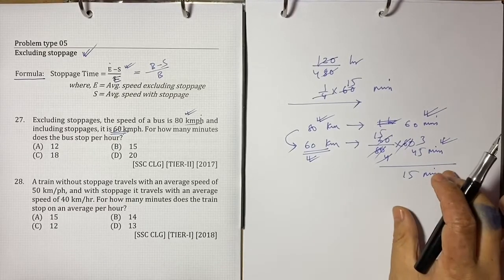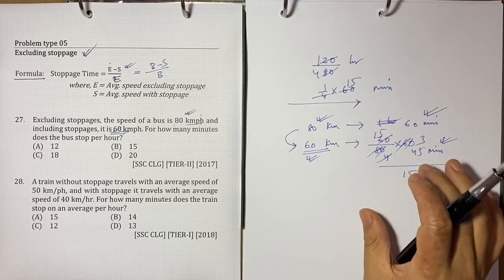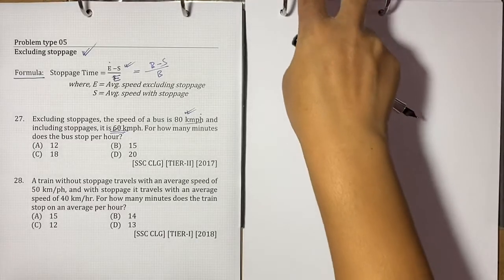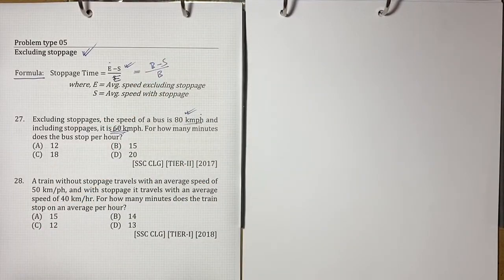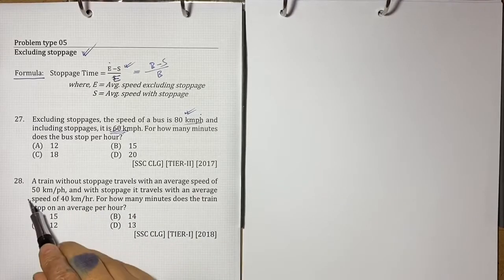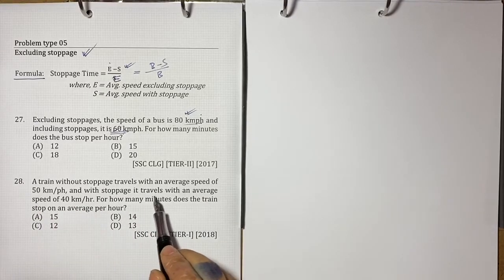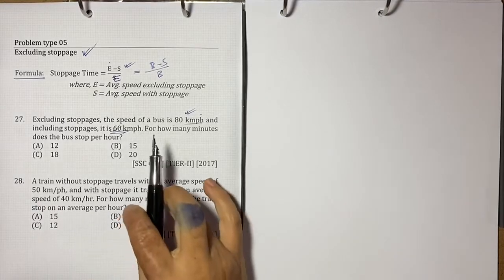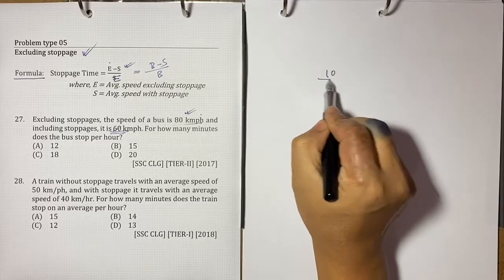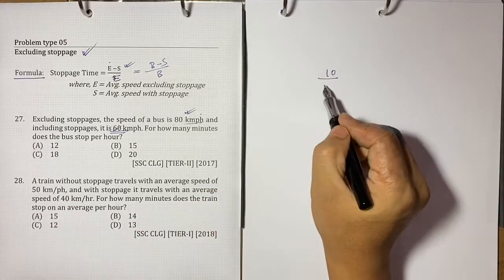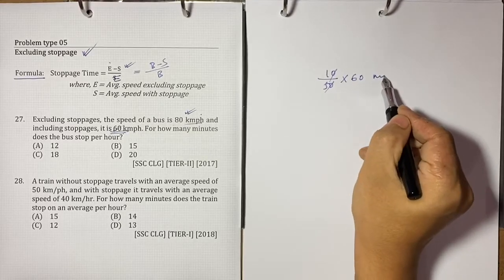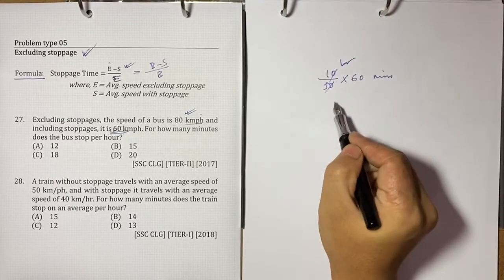This is the logic. If you are confused, just learn the formula, it's a very common formula. So a train without stoppage travels with an average speed of 50 km per hour, and with stoppage it travels with an average speed of 40 km per hour. Directly take the difference, big minus small divided by big, so it will be 1 by 5 into 60 minutes, which is 12 minutes.